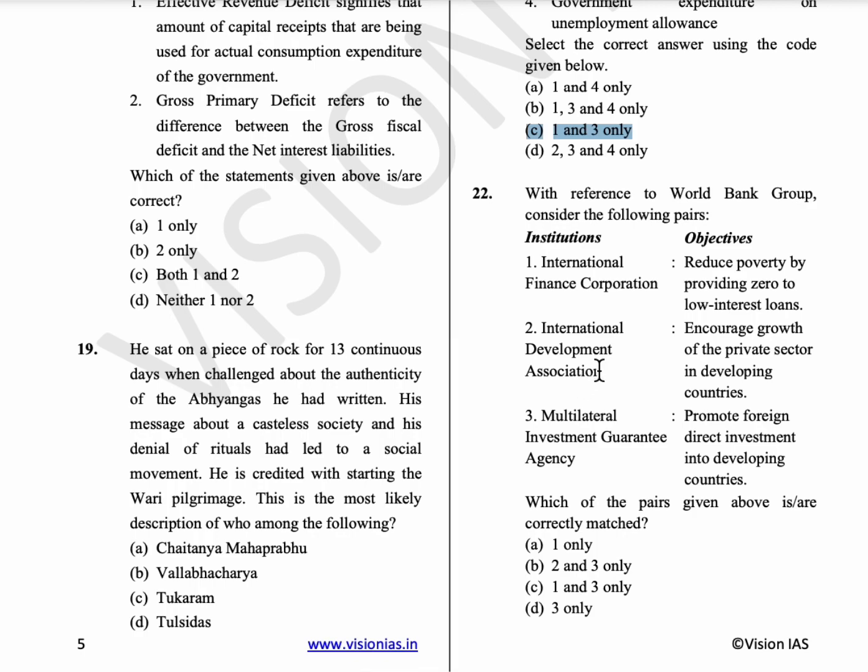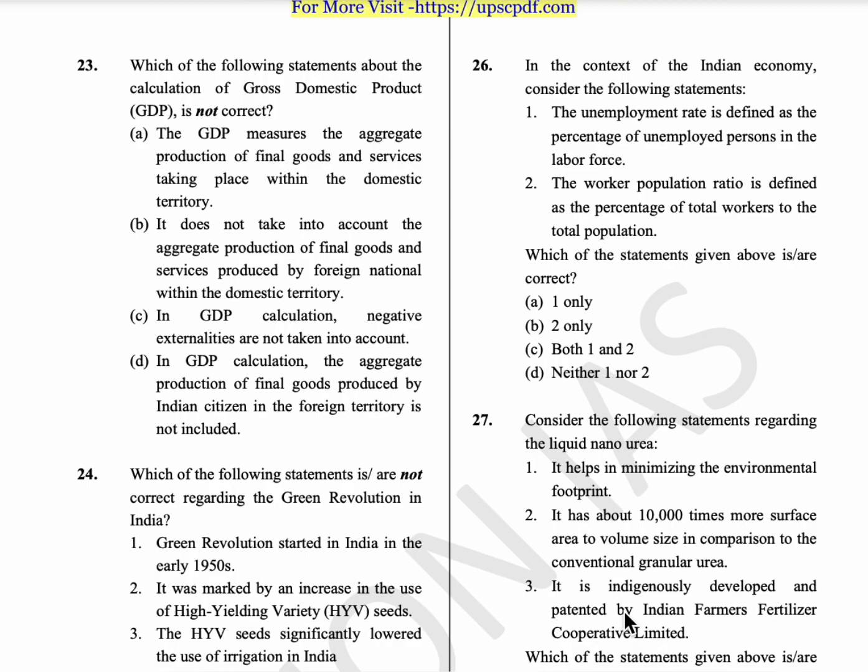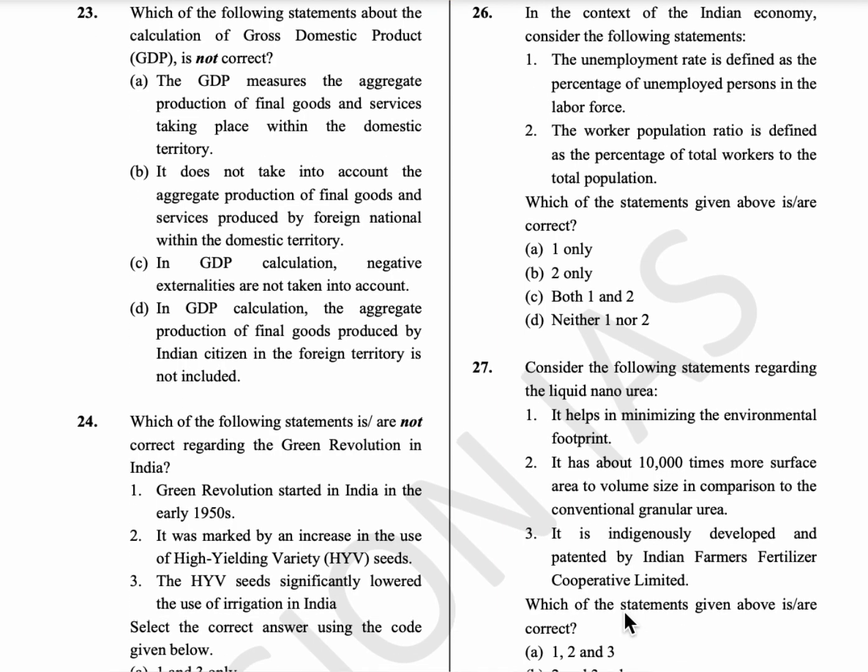The main objective of this International Development Association is to reduce poverty by providing zero to low interest loans. So second pair is also wrong. Coming to the third one, Multilateral Investment Guarantee Agency. It promotes foreign direct investments into developing countries. So only 3 is correct. So option D. 23rd question, which of the following statements about the calculation of gross domestic product GDP is not correct?